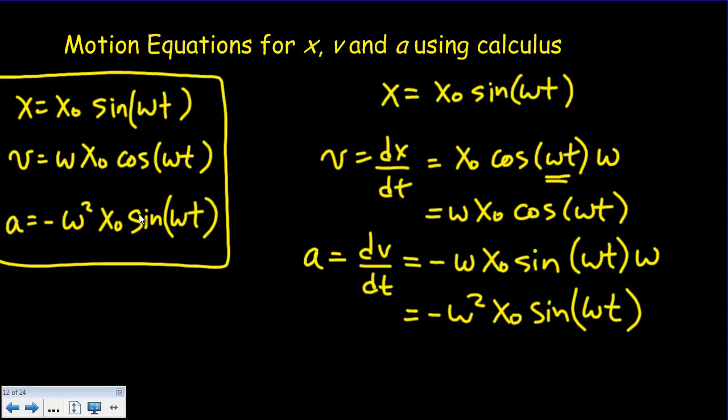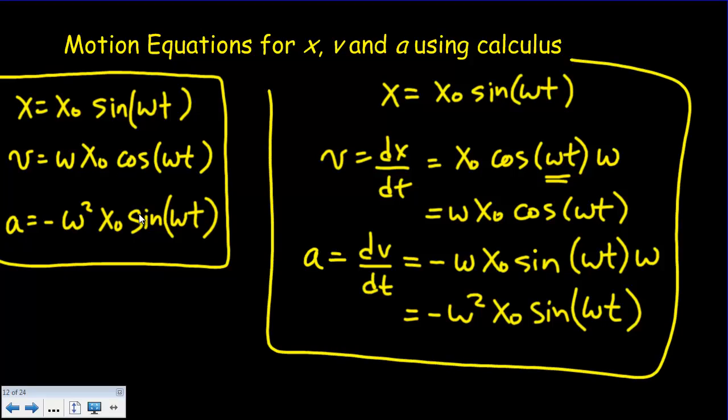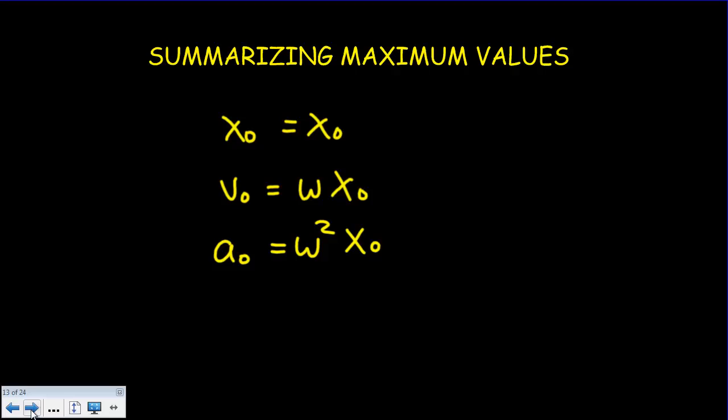So it's much faster with calculus. And just to summarize those maximum values, we had x naught equals x naught. We had v naught equals omega x naught, and we had a naught equals omega squared x naught. So we're just multiplying by an extra omega every time.